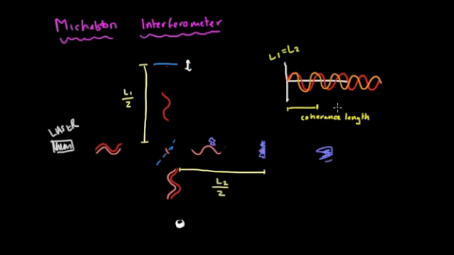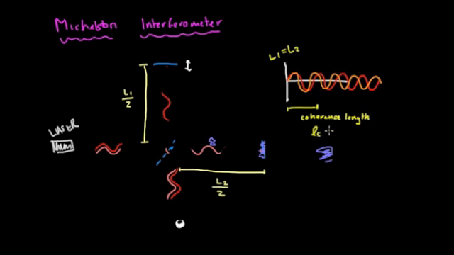This is the distance where we can still recover some interference information. Beyond that, it's all just a jumble of stuff, but in this distance, the light will still interfere with itself. And so we call that the coherence length.